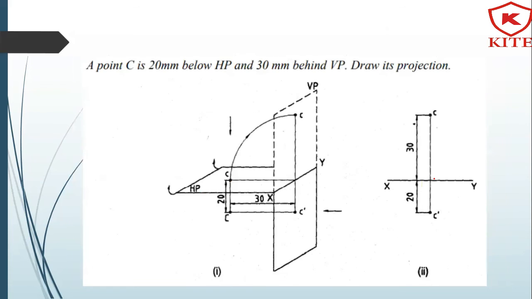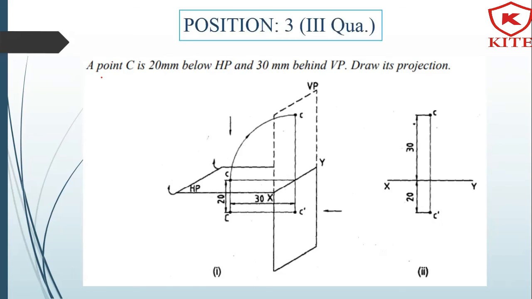Now let's take an example, then we close our lecture. The second quadrant case and fourth quadrant case will be discussed in the next lecture. In the example, it is said that point C is 20 mm below HP and 30 mm behind VP.